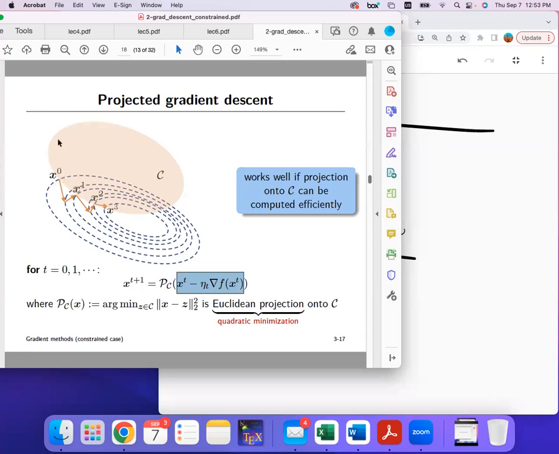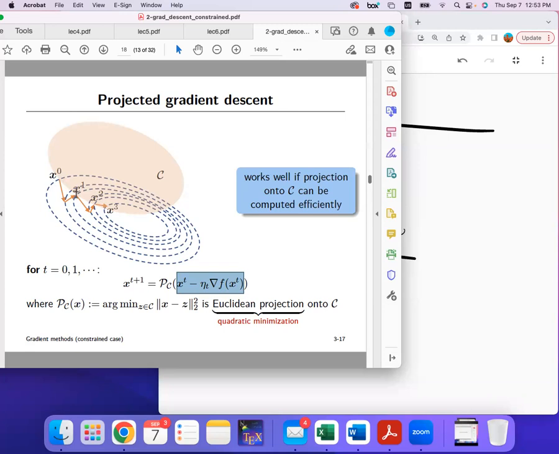So this figure illustrates this idea. Suppose you start from this point, x0, which is in the constraint set, and now you follow gradient descent. This is the negative gradient direction. After that, obviously you are out of the constraint. So what you do is a projection, projecting it back onto the constraint set.